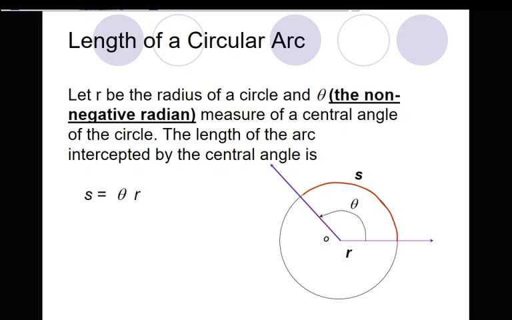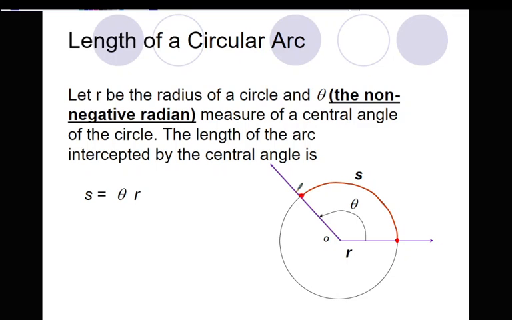So when we talk about distance, we use S, not S for speed. S is the distance, specifically the distance around the outside of the circle. So from here to here, this distance, that is our arc length, and it's created by the central angle. This theta tells us how far that angle measure is, and S is created from that.